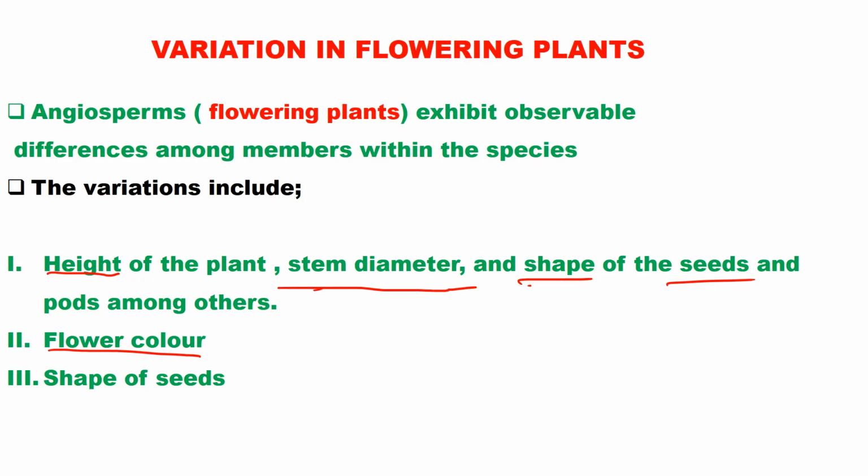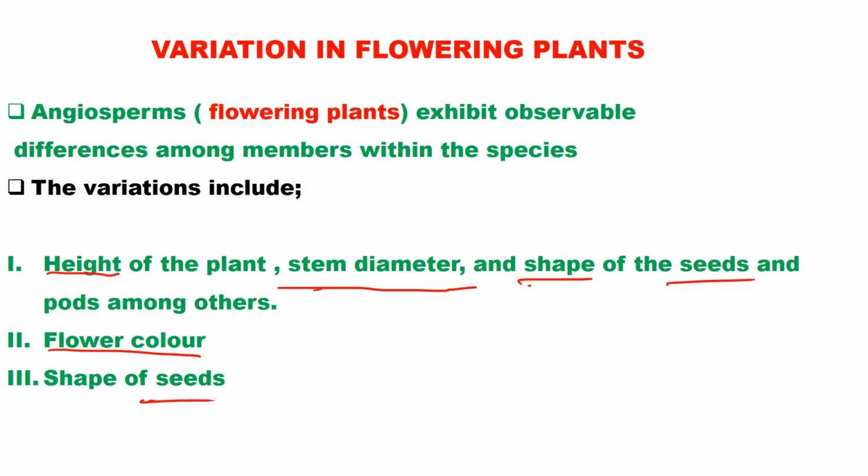Flower color ranges from green, white, yellow, blue, to violet. Think of different colors, and the combinations of those. So flowers are different in the plants, and this also shows variation. Shape of seeds, we've discussed this one. So this is also a variation that is observed in flowering plants or angiosperms.